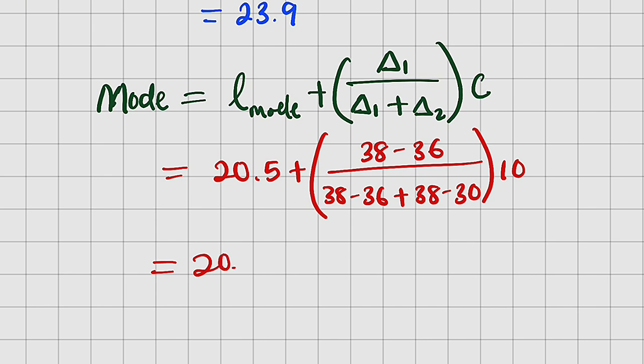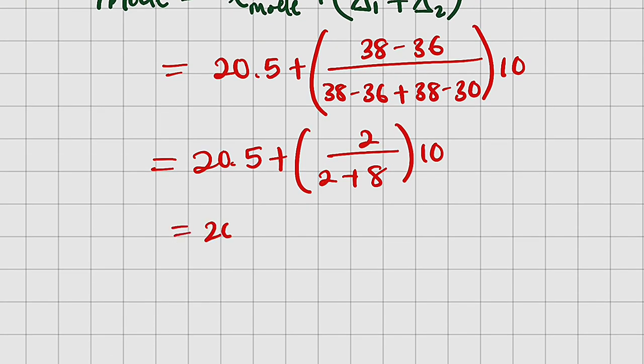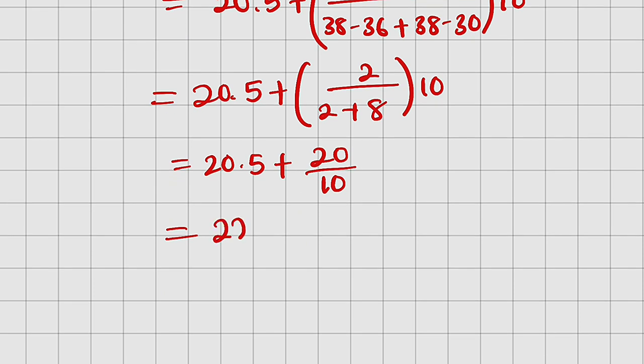So this is equal to 20.5 plus 38 minus 36 is 2, divided by another 2 here, plus this is 8, multiplied by 10, right? This is 20.5 plus 2 multiplied by 10 is 20, divided by 2 plus 8 is 10. So you can see that 20 divided by 10 is 2, and 2 plus 20.5 is 22.5. And hence, this is the mode, 22.5.